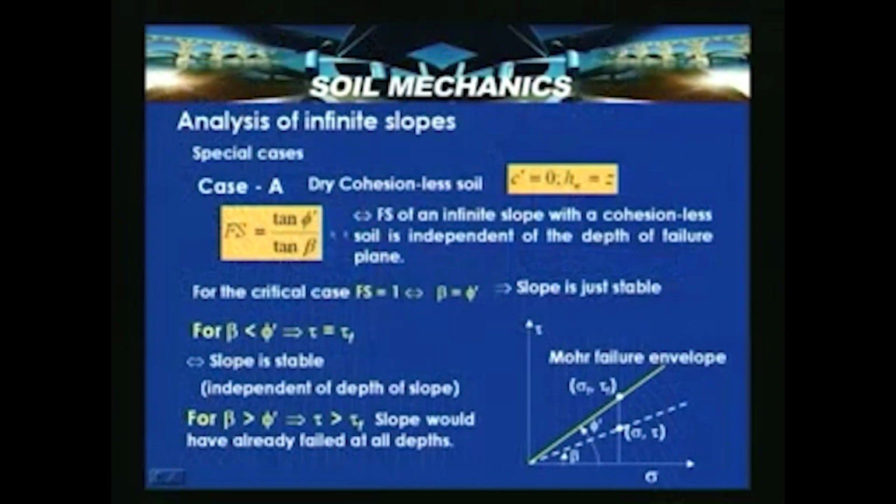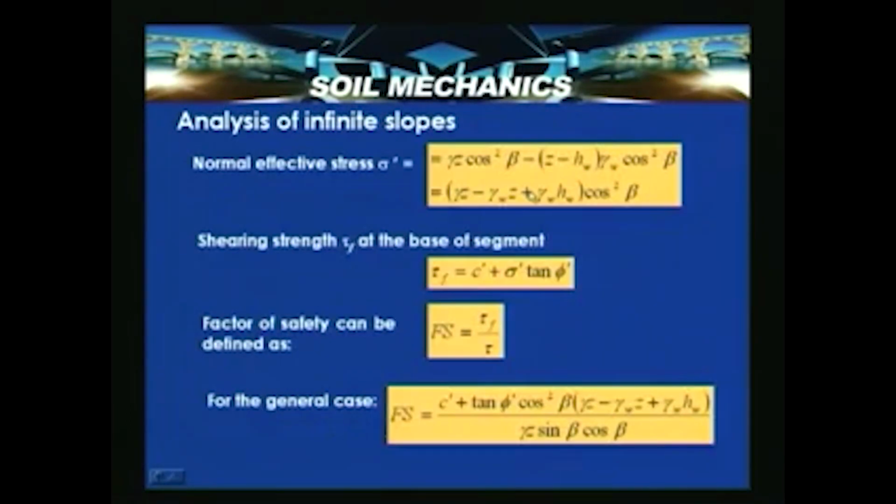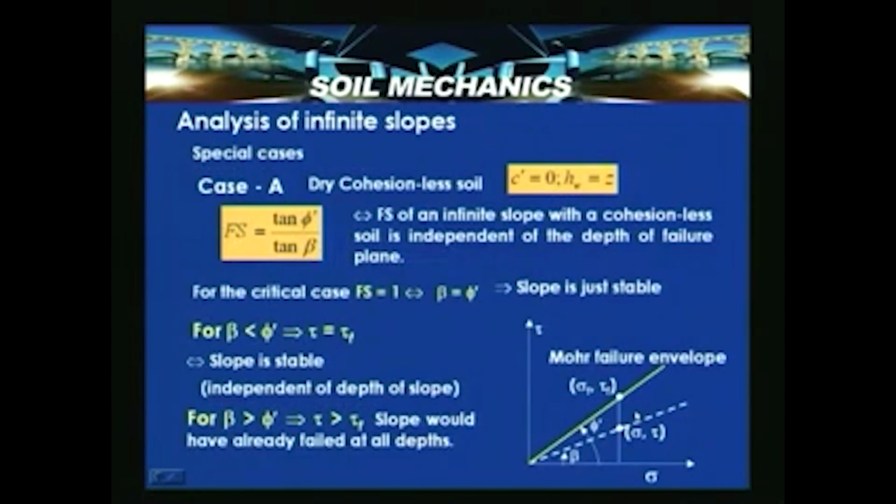In such a situation, when you substitute c dash equal to 0 and z equal to h w in this expression, what we finally get is that the factor of safety is equal to tan phi dash by tan beta.